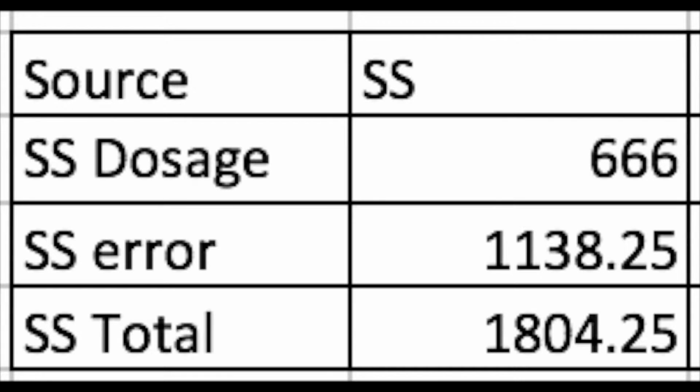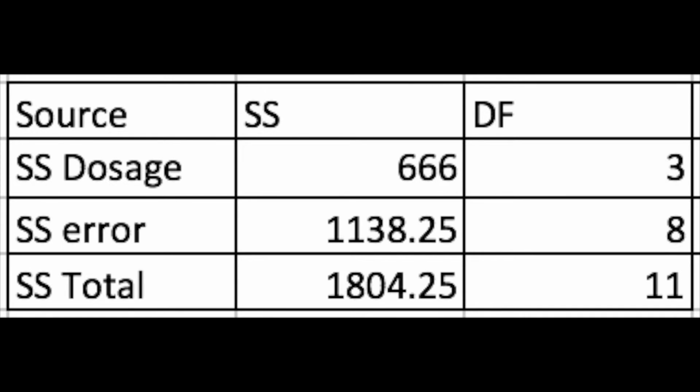Then we get the sum of squares of total, which is the sum of squares of all the data, minus yi double dot squared divided by 12, which is big N. Then we get the sum of squares of error, which is the sum of squares of total minus the sum of squares of dosage.